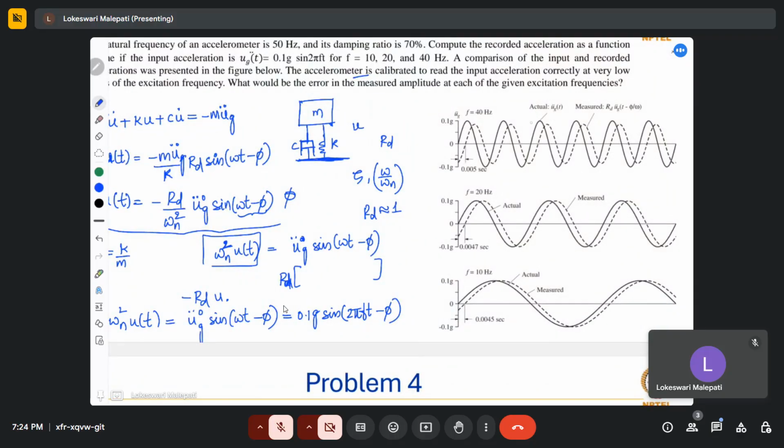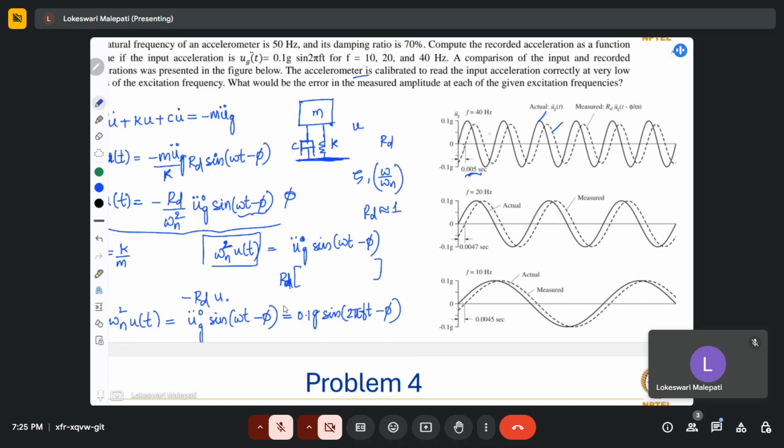So the same thing we can observe from these plots. We can see that this is the actual one and this is the measured one, and there is a phase lag which is phi by omega, and this phase lag in terms of time is 0.005 seconds. This kind of phase lag is very small, and it can be ignored.